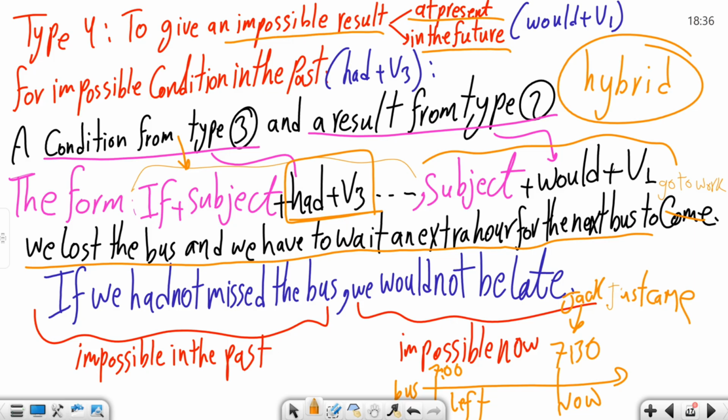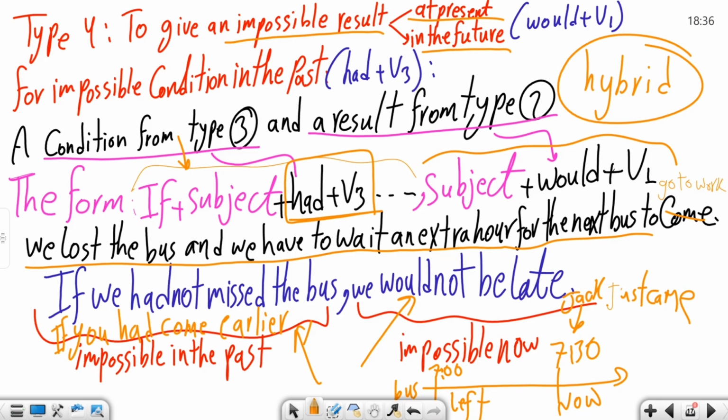So if you had come earlier, we wouldn't be late. The result is that now we are late, and the condition is in the past.